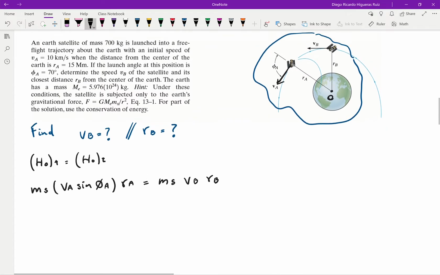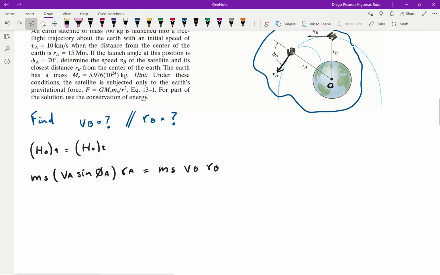Let's go ahead and substitute everything that we know from the problem. So we're gonna have 500 kilograms, good, times, we're given VA, and that's 10 kilometers per second. We need to convert that to meters per second. That's gonna be my conversion. Then kilometers cancel out, and I'm gonna have meters per second.